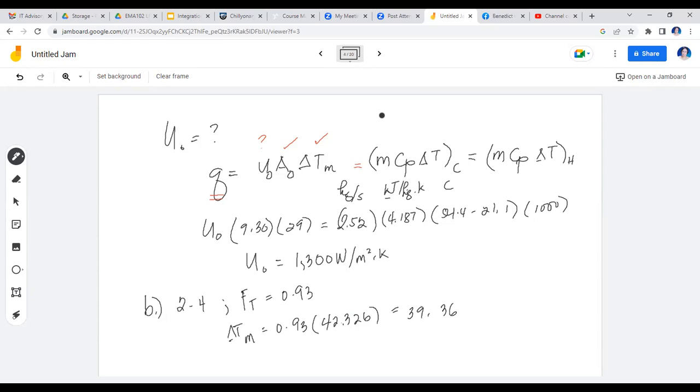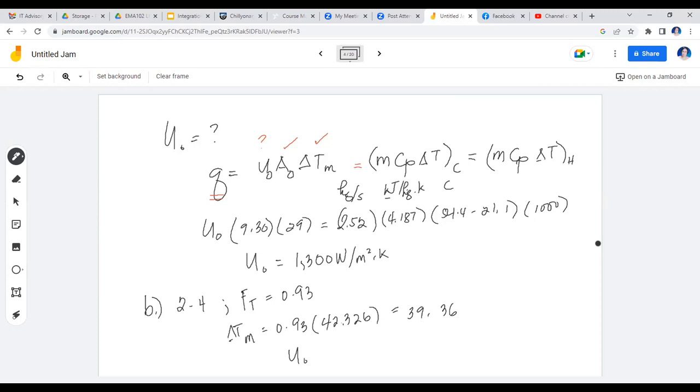We differ only with the delta T mean. You still have the MCP delta T of the cooled water on this side. From this, you'll be able to solve for the U sub O on these 2, 4 type of heat exchanger. So I'll just change the delta T mean here, which is 39.36. So we'll have 2.52, and if we multiply it with 4187 and the difference of 54.4 and 21.1, the right side would give you 351,356.